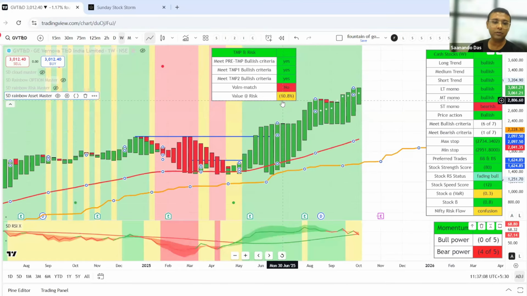So with a 90% confidence level, the stock can give me a drawdown of around 11%. And as the RS status has turned fading bull, the bulls are slowly fading, it is not a bad idea to reallocate 25% of your capital into some other stocks. It has given a very good run so far.